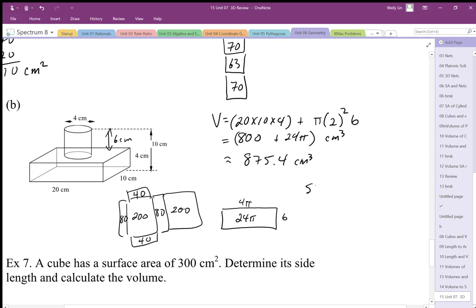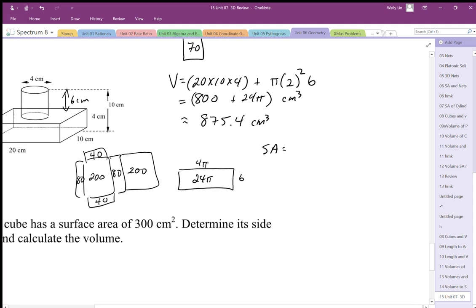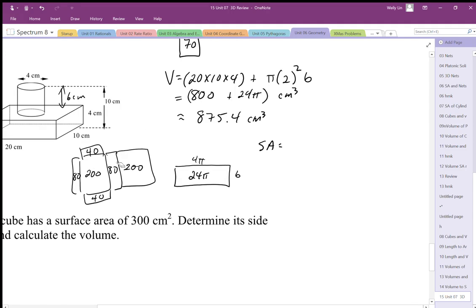So my surface area, when I put this all together, I'm going to have 480, 560, 600, 640 centimeters squared plus 24 pi centimeters squared. That's the exact value. And again, the decimal value, which I don't really need, but I prefer the pi value, works out to be about 715.4 centimeters squared.